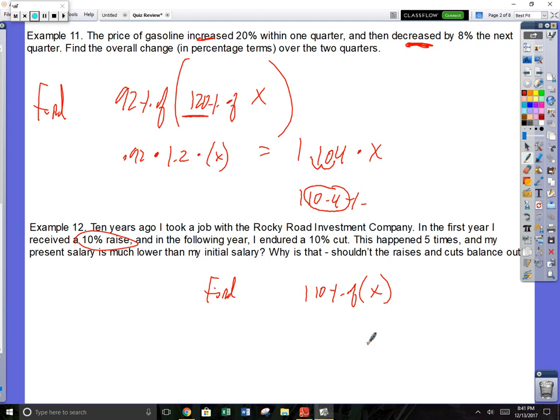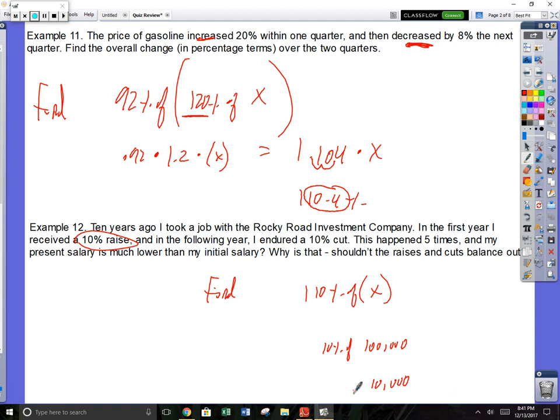So if my salary was 100 grand and I got a 10% raise, I'm going to find 10% of 100 grand. And 10% of 100 grand is going to be 10 grand.